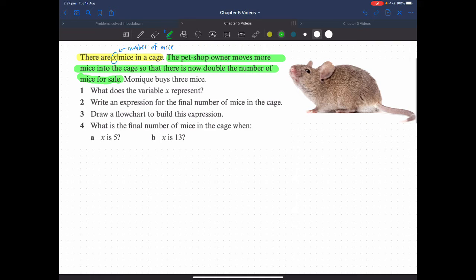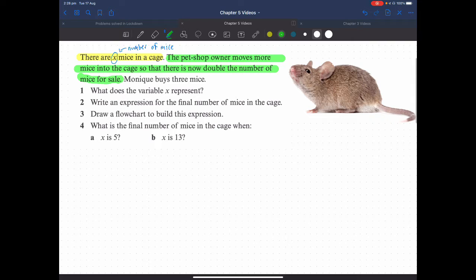What does that mean? Well, it means if there were 5 mice in the cage at the start, the pet shop owner has doubled the number of mice. There would now be 10 mice. If there were 8 mice at the start and the pet shop doubled the number of mice in the cage, then there would be 16 mice in the cage.